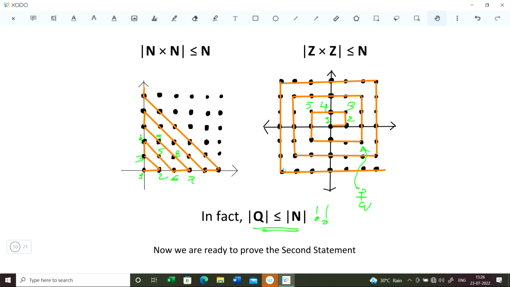And the cardinality of Z cross Z does not extend beyond the cardinality of the natural numbers. Yeah, it's equal.